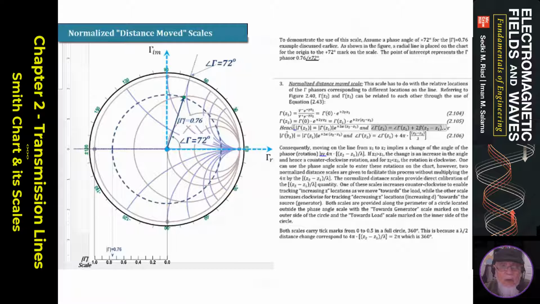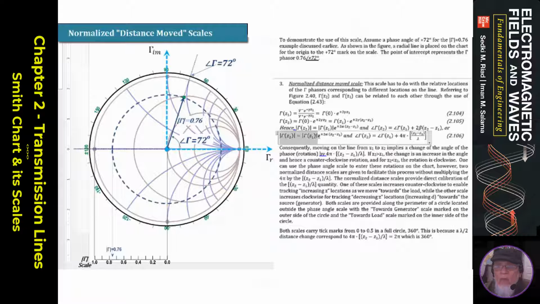So now we read this expression again. The gamma magnitude changes as determined by the distance moved and the attenuation coefficient. The angle of gamma changes by 4 pi times the normalized distance moved.